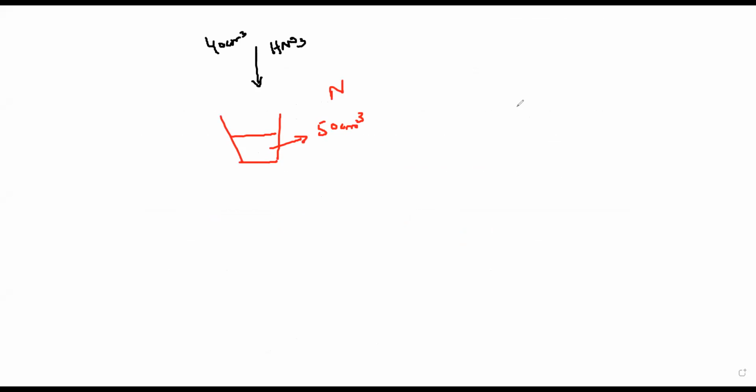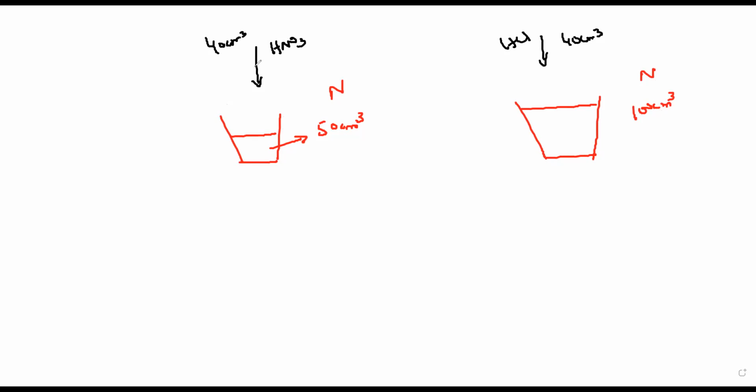Now, in the second experiment, we took 100 cm cube of N, and we are adding the same amount of nitric acid, 40 cm cube. So both experiments are releasing the same, because it means that N is in excess. All of the N won't react. 100 cm cube is more than enough for a reaction to complete.